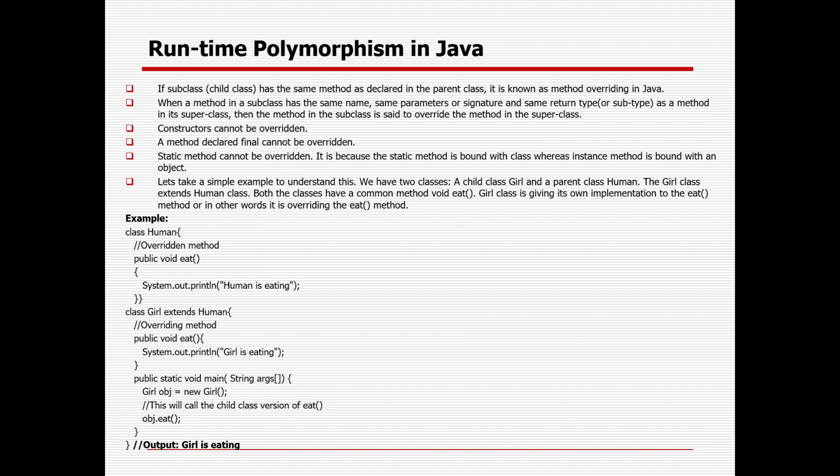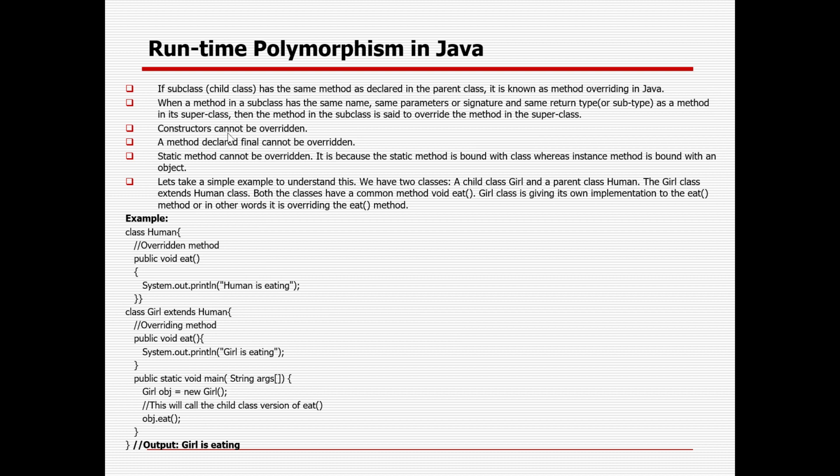The super keyword in Java is a reference variable which is used to refer to the immediate parent class object. Whenever a user creates an instance of a subclass, an instance of the parent class is created implicitly, which is referred to by the super reference variable. The super keyword can be accessed at variable level and method level. Private methods of the super class cannot be called. Only public and protected methods can be called by the super keyword.